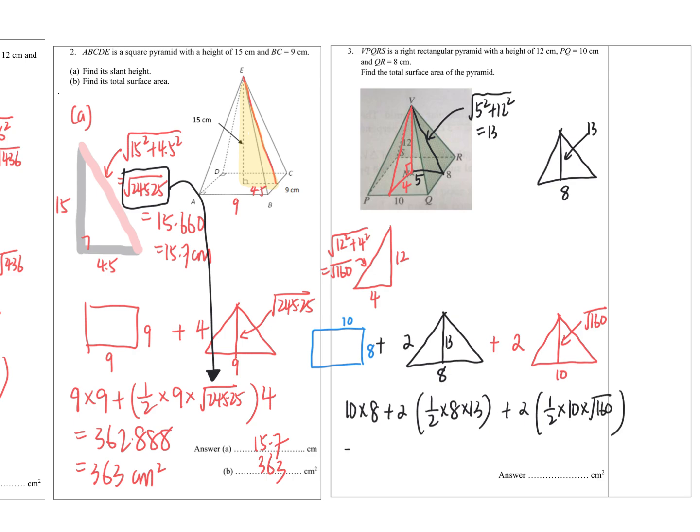So go and calculate your final answer. So 3SF is 310. Okay? So double check.